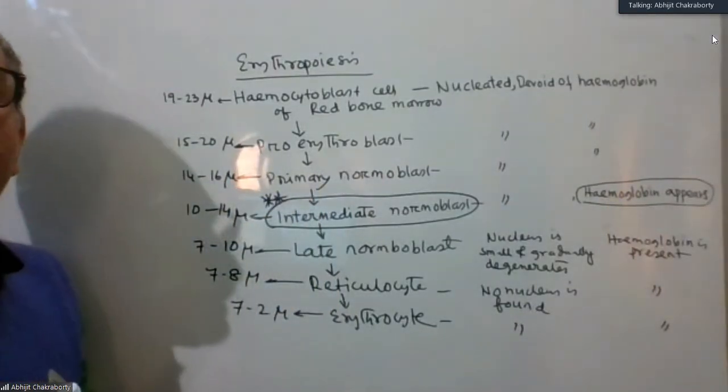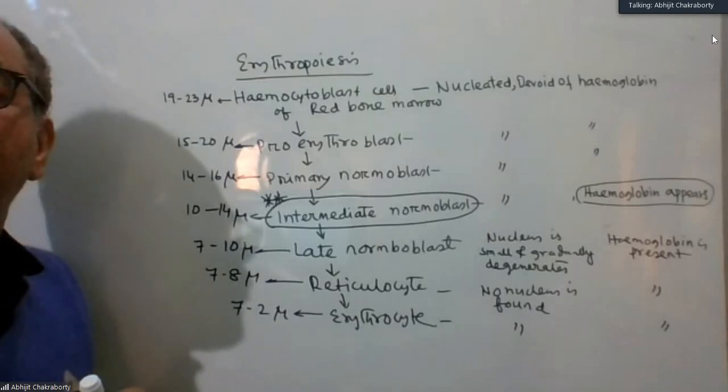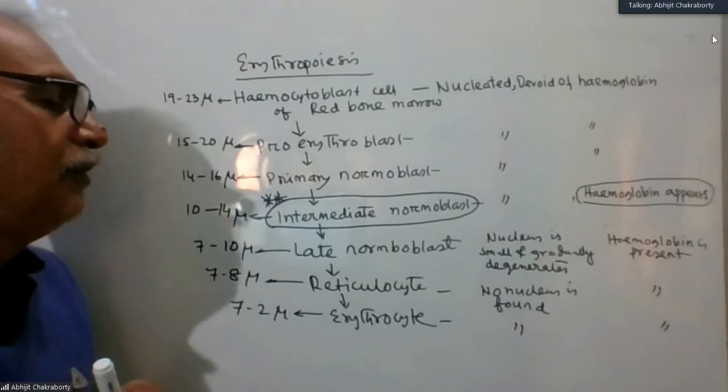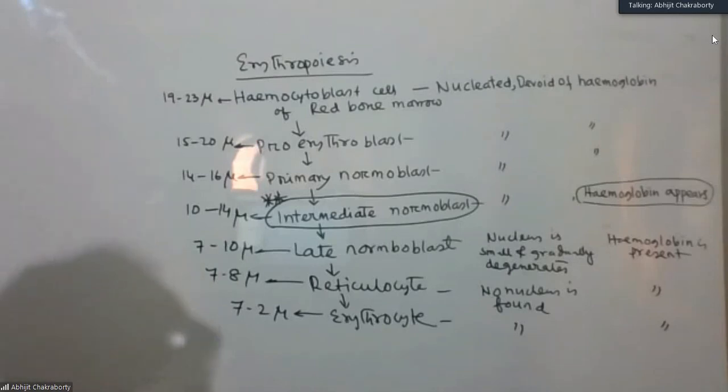In the intermediate normoblast stage, hemoglobin appears, and nucleus starts to degenerate in the late normoblast stage, and that's why in the reticulocyte stage nucleus is not found. So erythrocyte is the mature RBC. Here no nucleus is found.